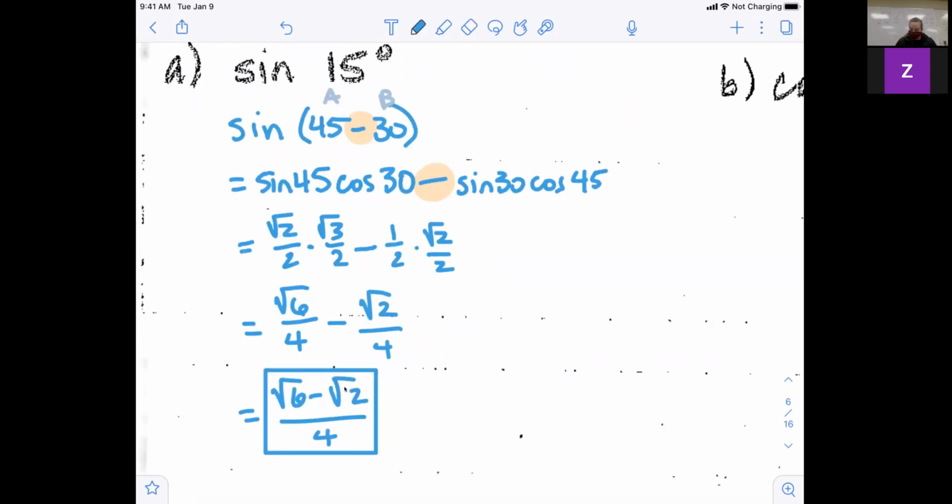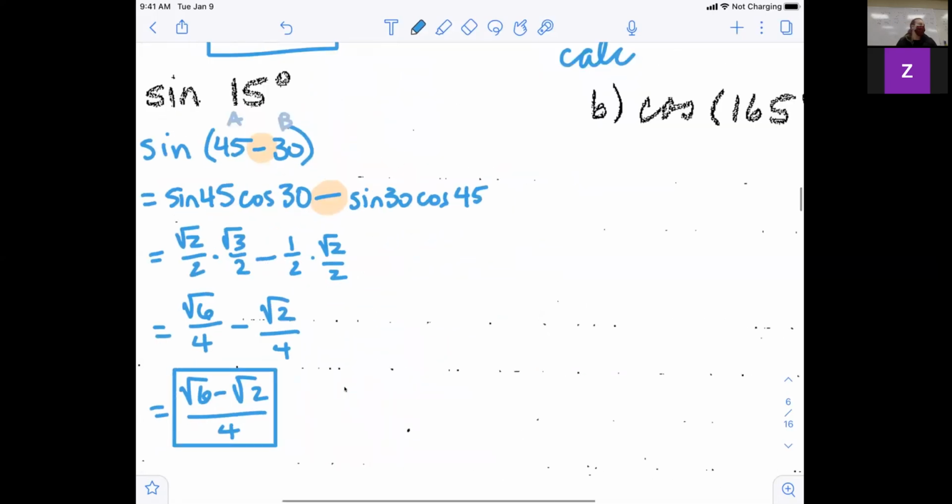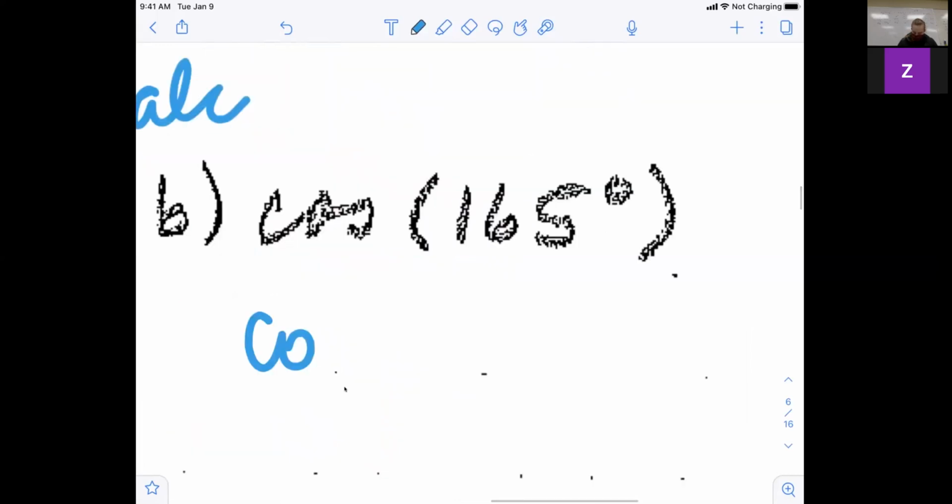All right, the cosine one says 165. What are we going to add or subtract to get to 165? Do you have an idea?